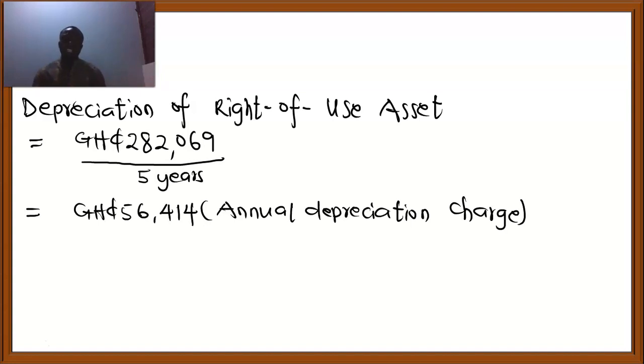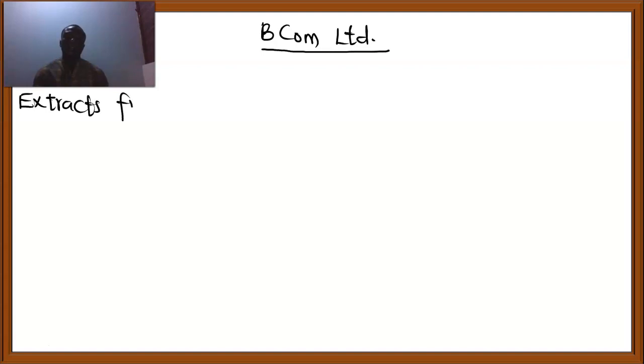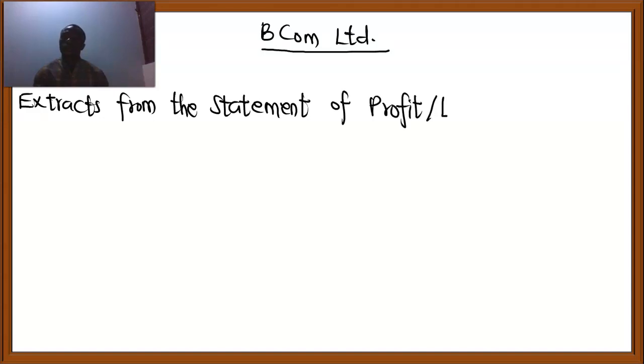Alright, so having done this, we can show extracts in the financial statements. So the name of the company is Ecom Limited. So we have extracts from the statement of profit or loss for 2018.